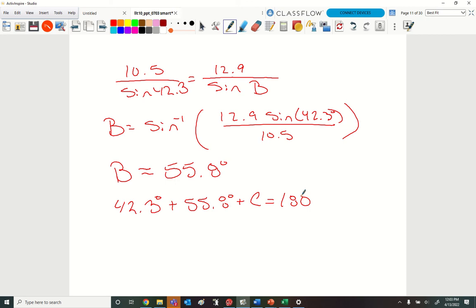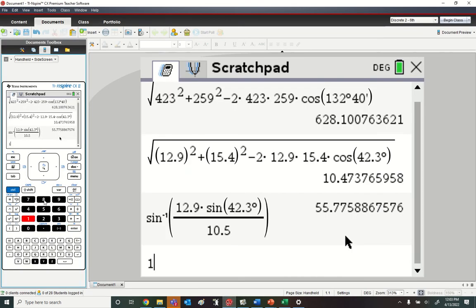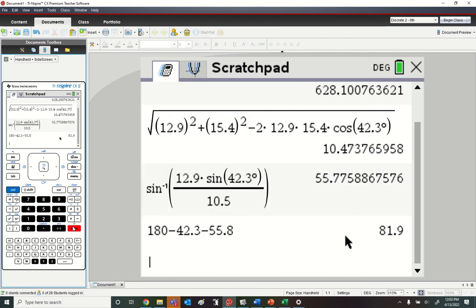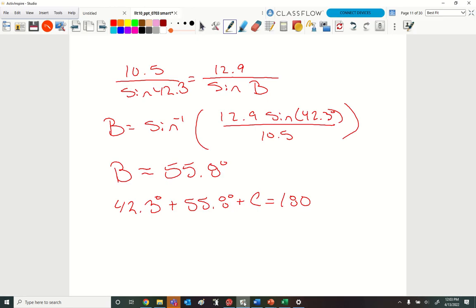So I'm going to take those and subtract from 180. Like this, and I get 81.9. So my angle C is going to be about 81.9 degrees.